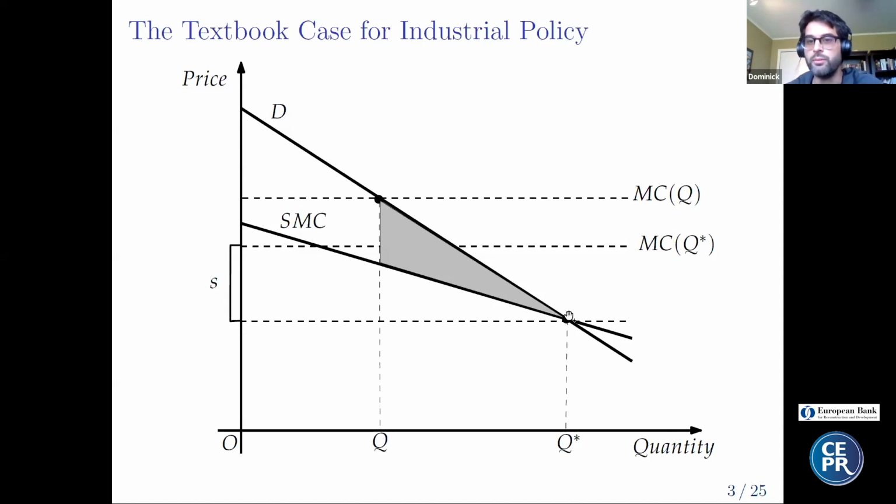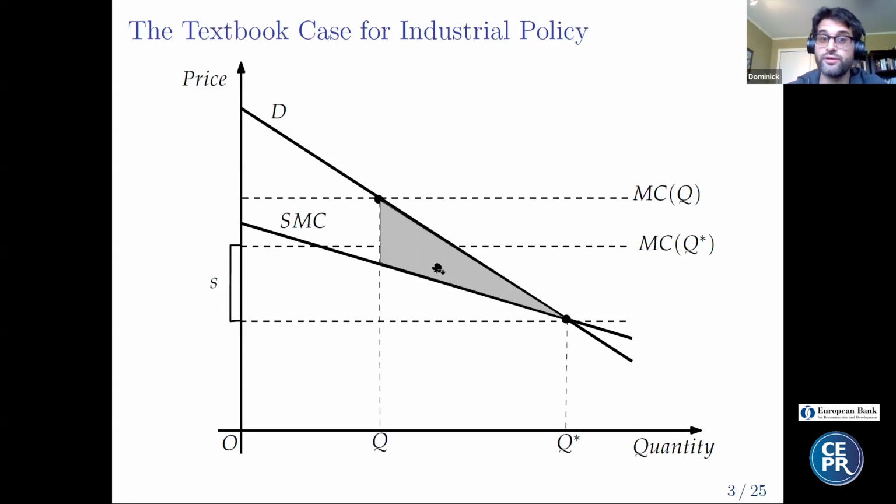And so the market by itself is going to produce at point Q, where this private marginal cost curve intersects with the demand curve. But that's not optimal. The planner or the government can induce a better allocation by providing a subsidy S that's equal to the gap between the privately perceived marginal cost curve and the social marginal cost curve at point Q star to induce the economy to produce at point Q star.